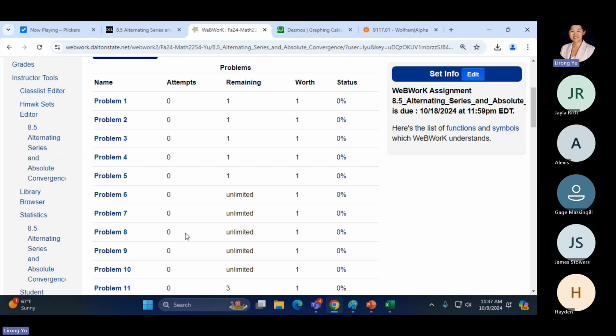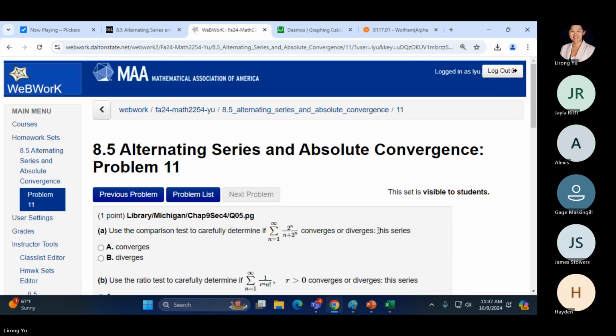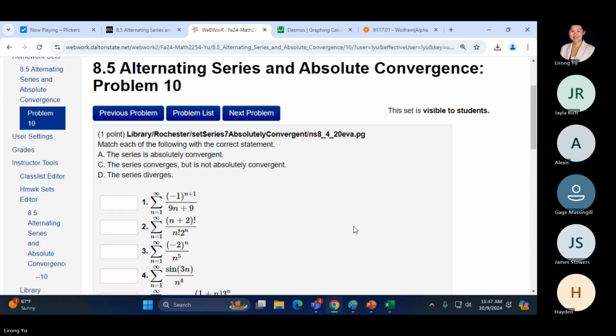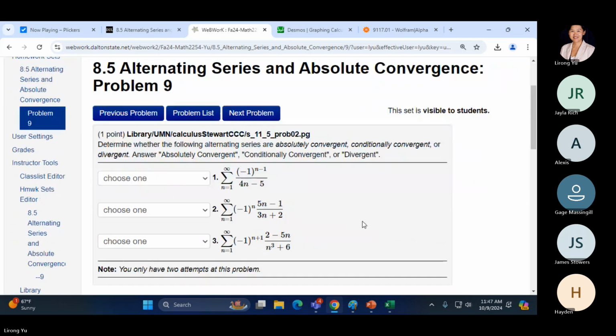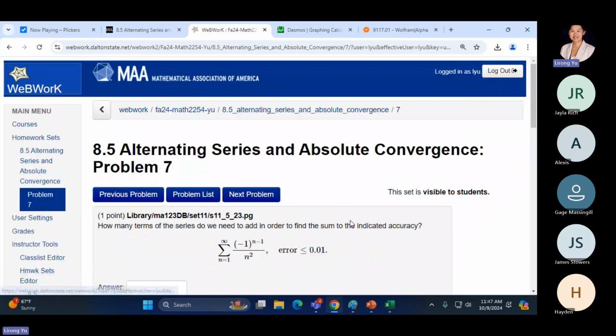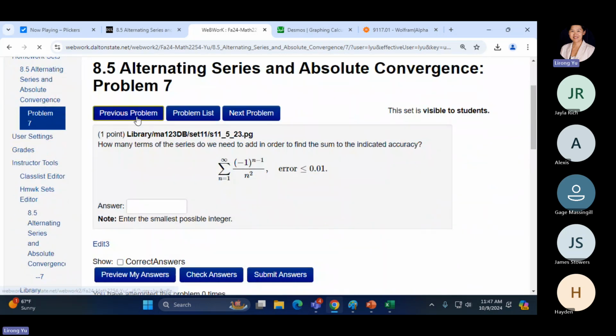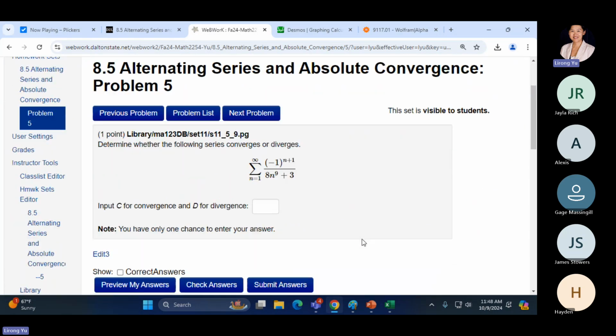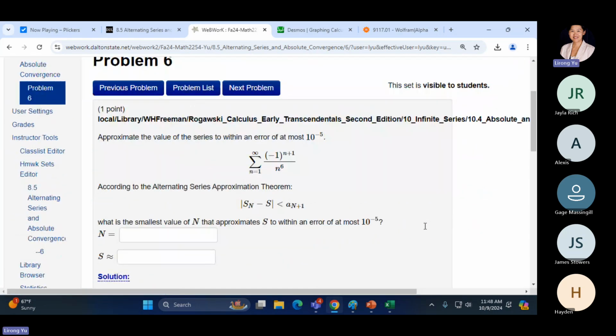I did put some questions for approximation. Yeah, so there are a few approximation questions. Let's start with the first one, might be question 6.